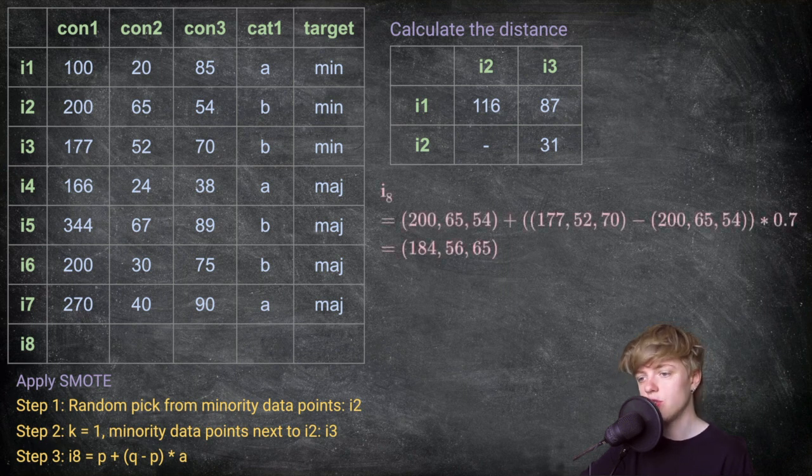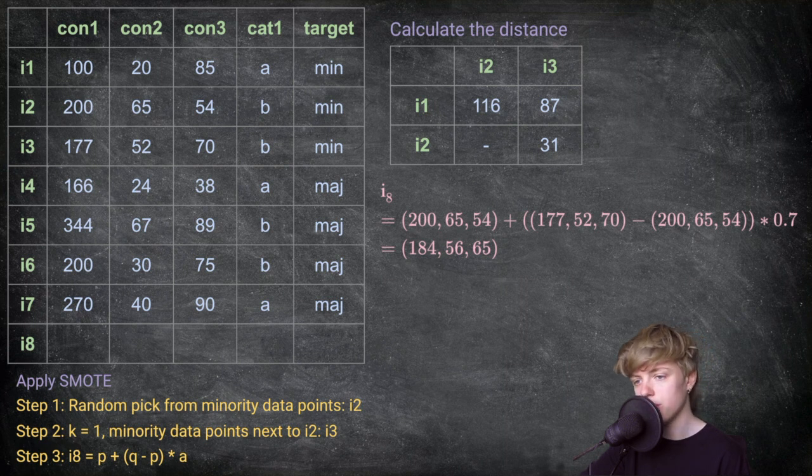We subtract 200 from 177 and we do it times a random number between 0 and 1. In this case, I chose 0.7, but it could have been any number. We add 200 to that and we end up with 184.